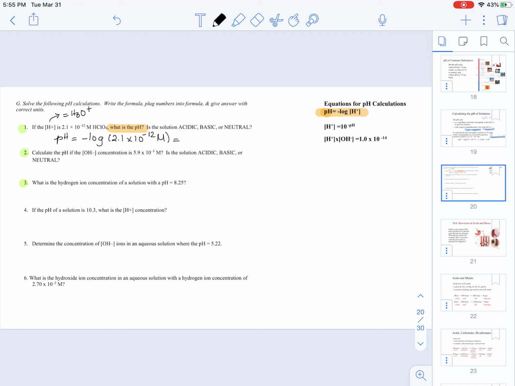And when you plug that into your calculator, the value is 11.7.